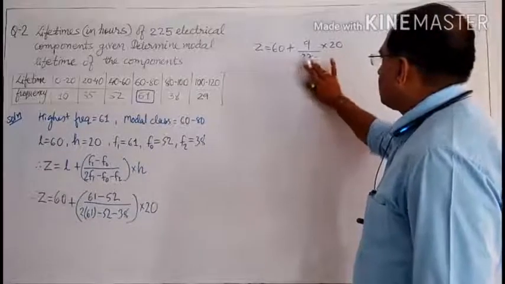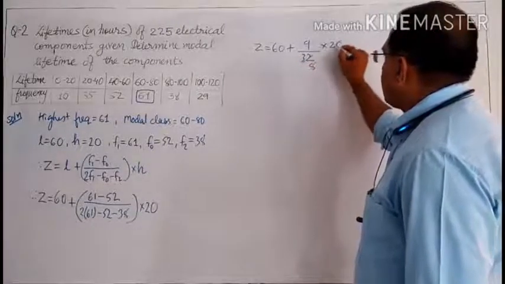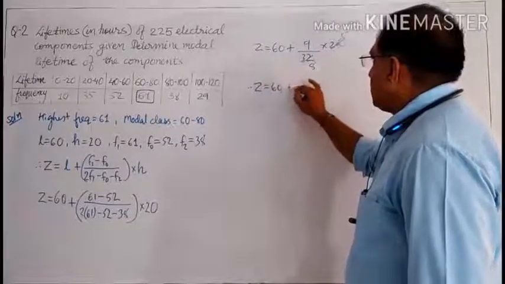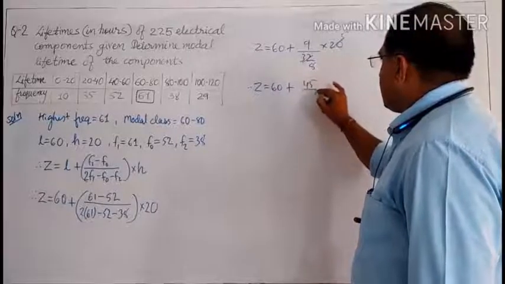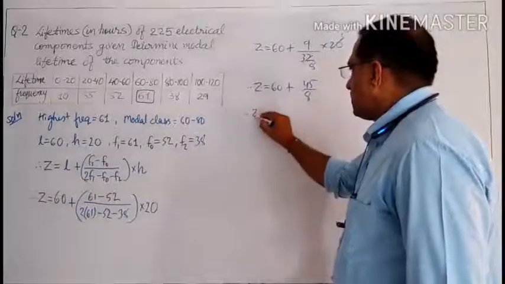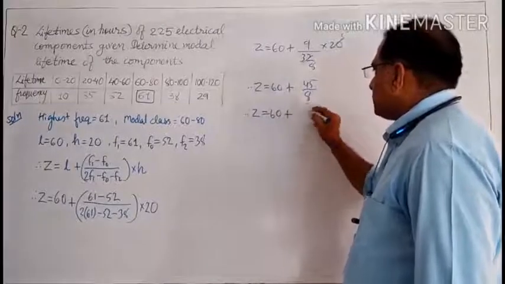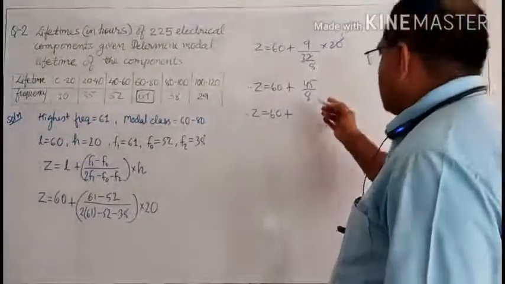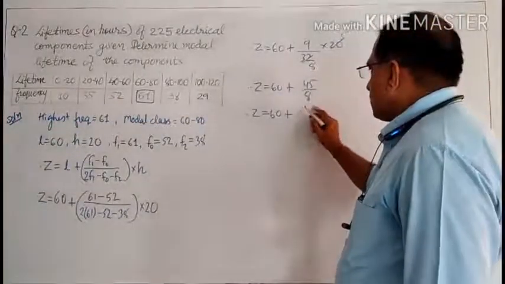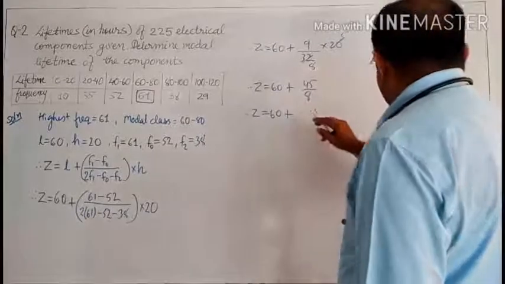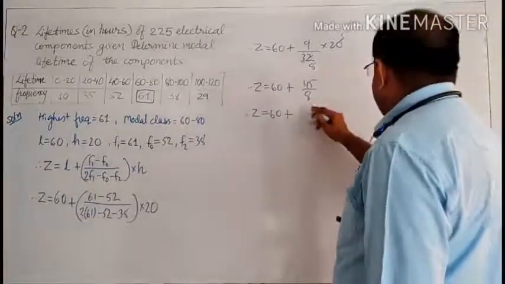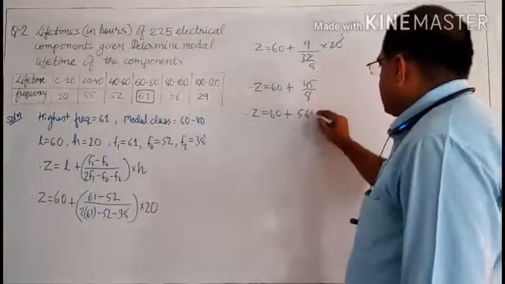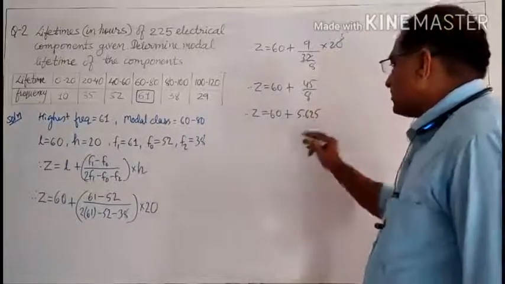Cancelling common factors, we get 60 plus 45 divided by 8. 45 divided by 8: 8 fives are 40, then 5 left, so it is 5.625.